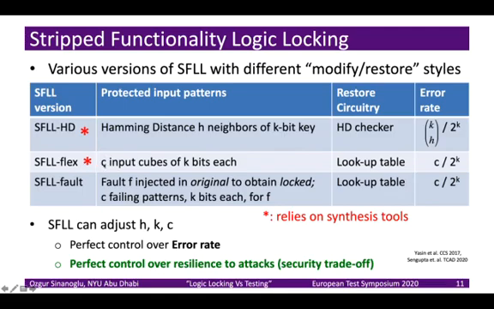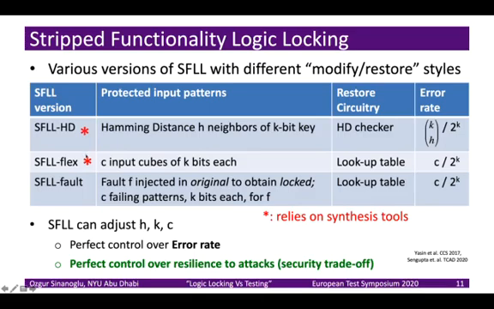Or the user was flexible, in the flex version, to define what the protected input patterns should be. The user had the full flexibility for it. And in the third implementation, SFLL-fault, we were injecting a fault into the original design to obtain the locked design. And then the test patterns for the fault ended up being the secret key for this.